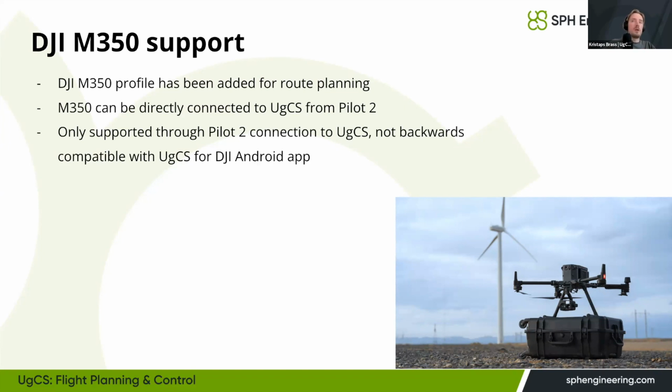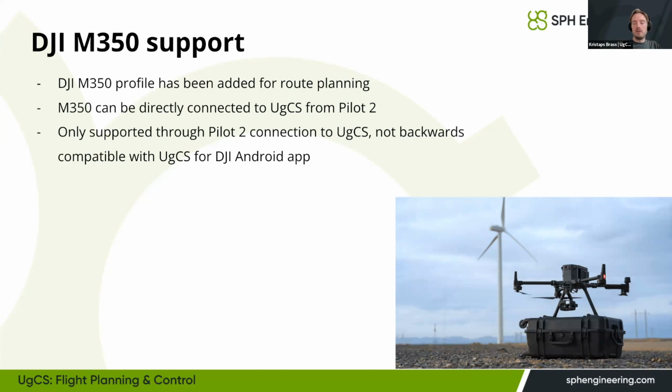One small note also here about the M300 drone. Many of you might know that for the M300, it is now also possible to use the DJI RC Pro, I believe it's called. So basically the remote controller with the larger screen. If you use that remote controller with the M300 drone, you will also need to use the direct connection through Pilot 2 to UgCS.